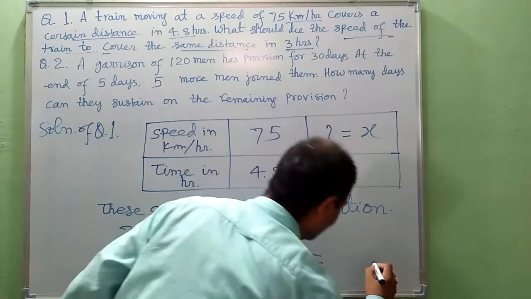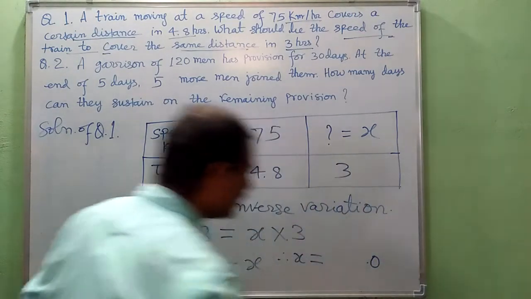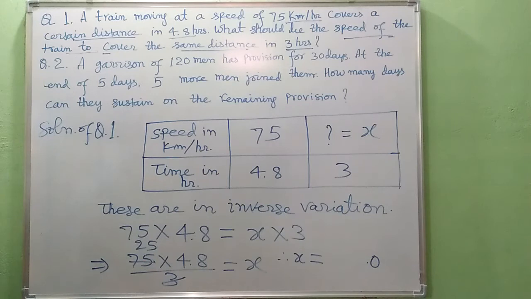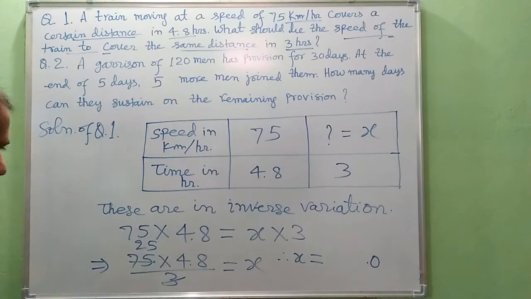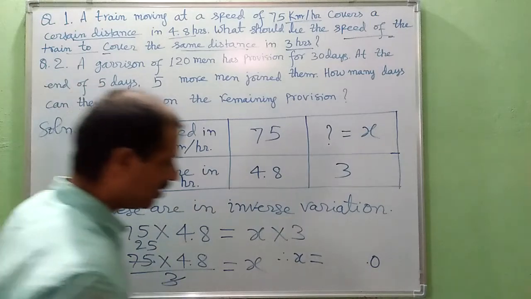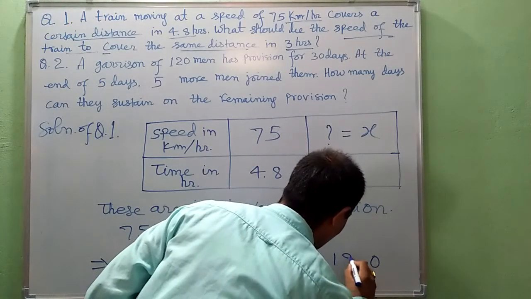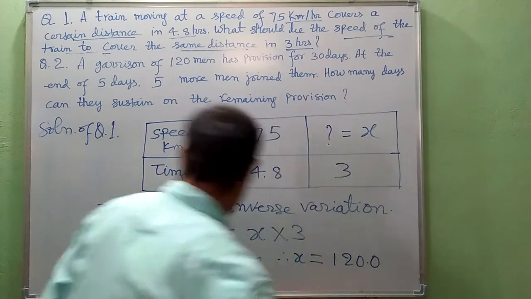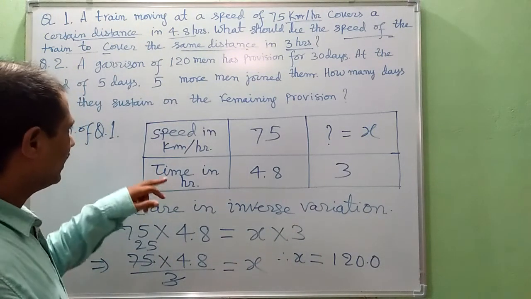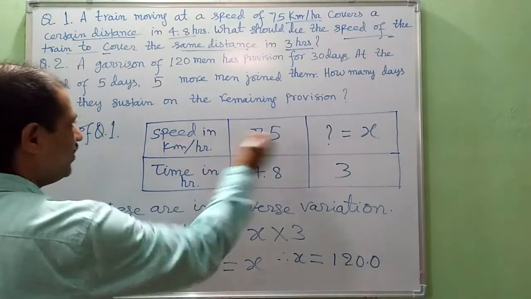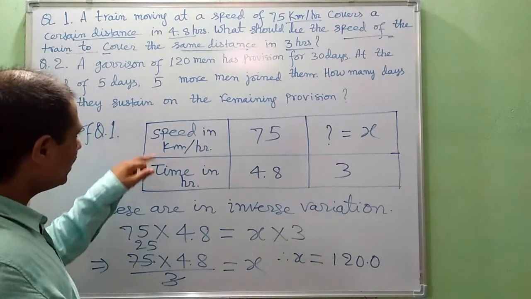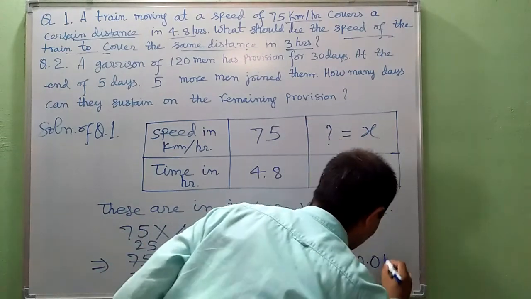25 into 8 is 200, rest is 20, 25 into 4 is 100, so 120. And this is x. X is in the speed column, so it will be kilometer per hour.